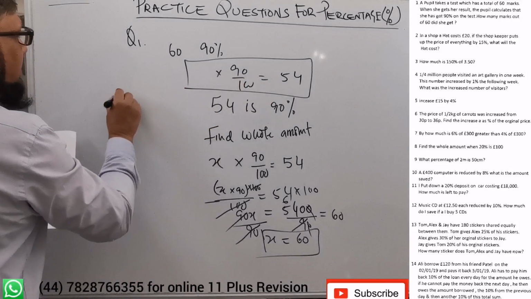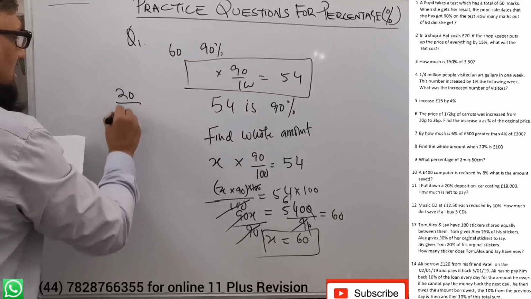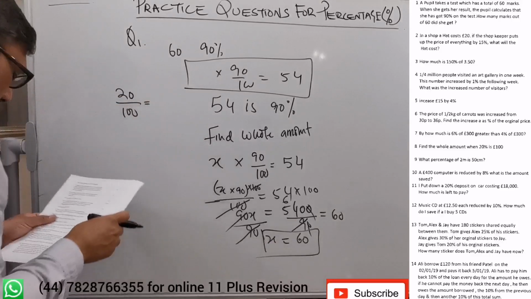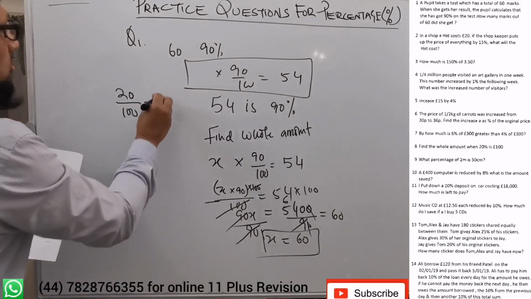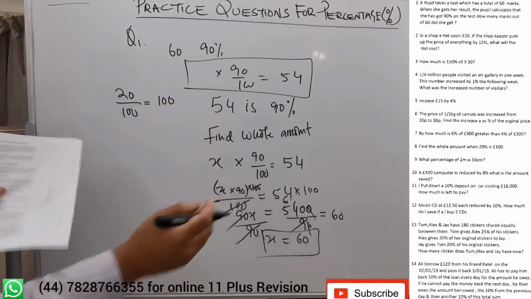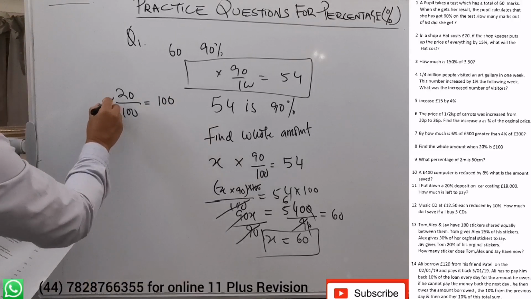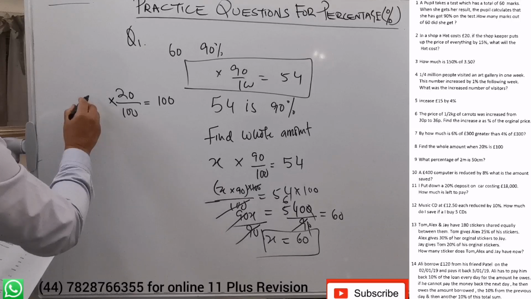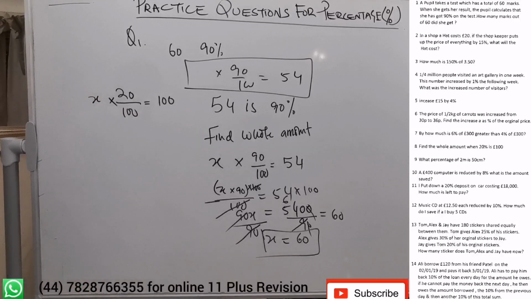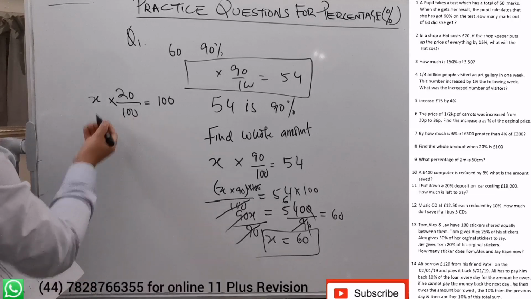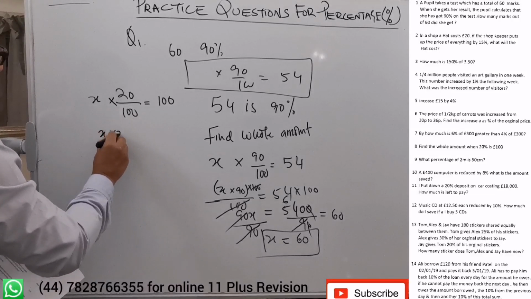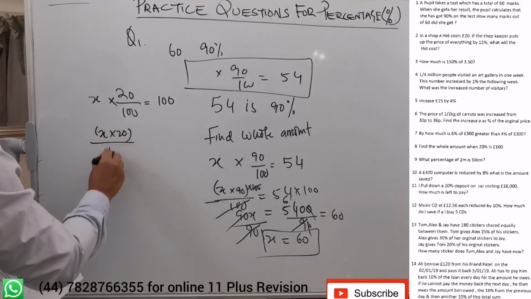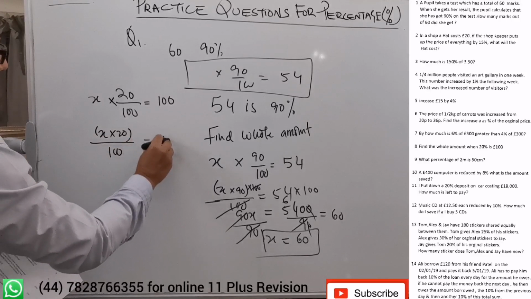So 20% is equal to 100 pounds, and I need to find the whole amount, which I call x. You need to calculate in exactly the same way. So x times 20 divided by 100 equals 100.